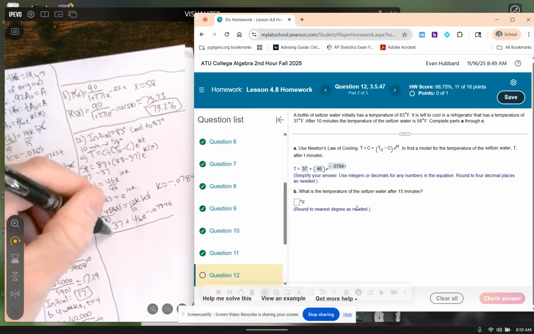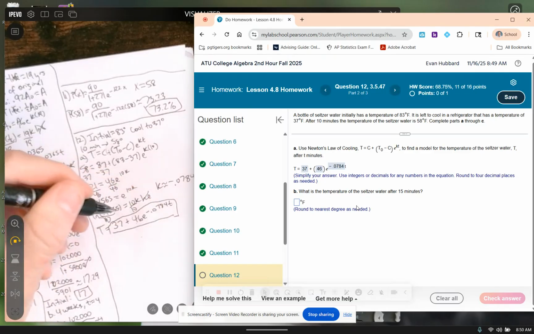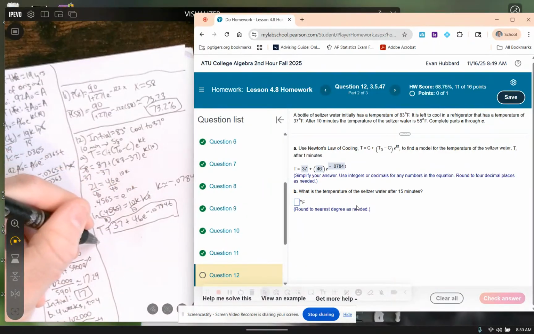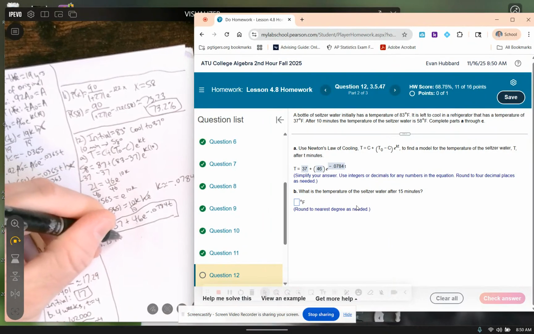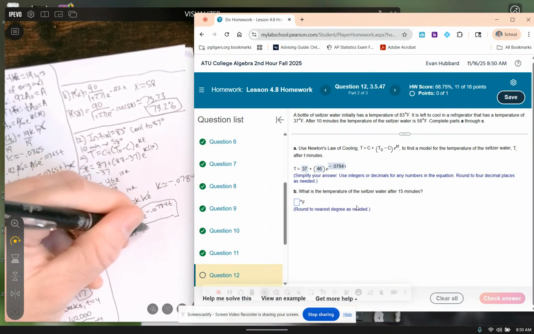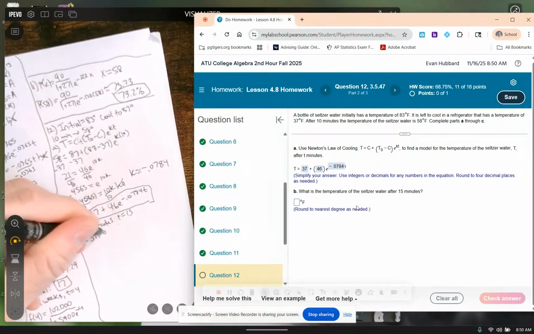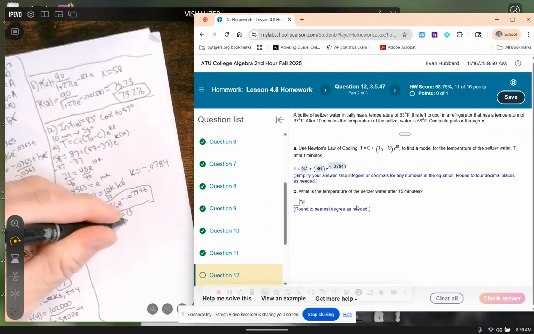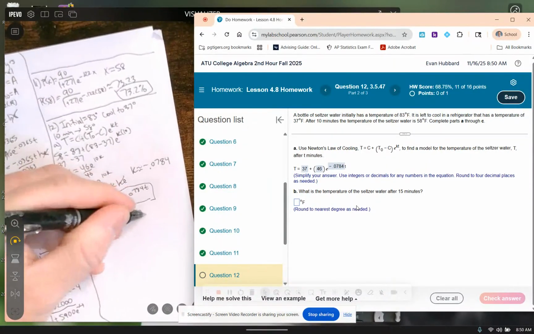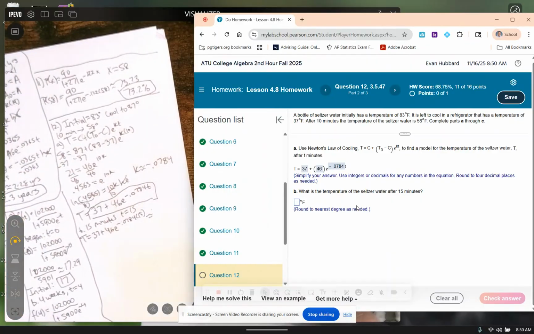All right, so now to part B. What's the temperature after 15 minutes? So T equals 15. So T equals 37 plus 46 e to the negative 0.0784 times 15. We can get this one done quickly.